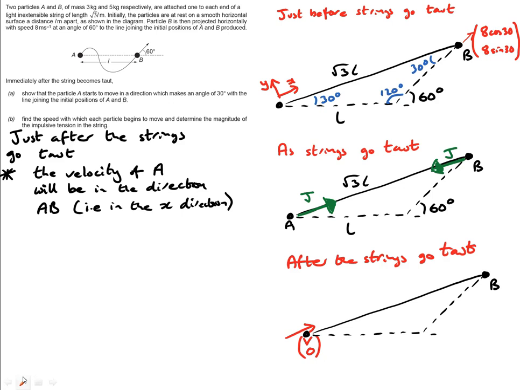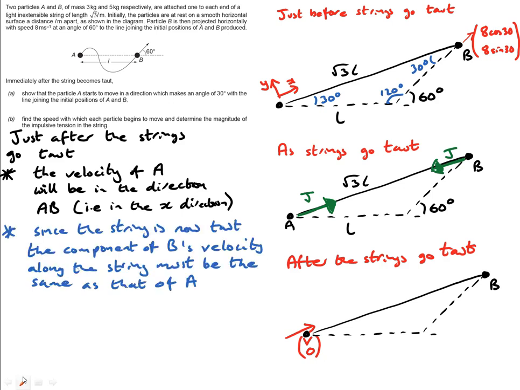Now the second thing, and this is really important that we have to take into account, is that since the string is now taut, the component of B's velocity along the string, in other words, the component of B's velocity in the x direction, must be the same as the velocity of A in the x direction.